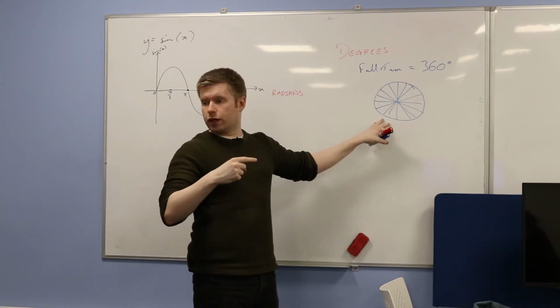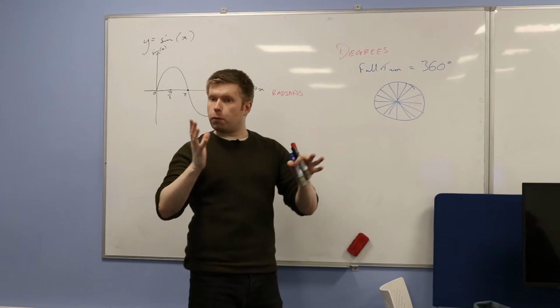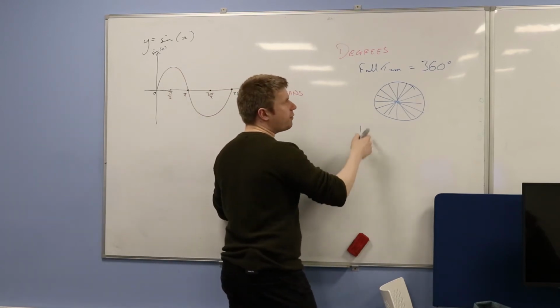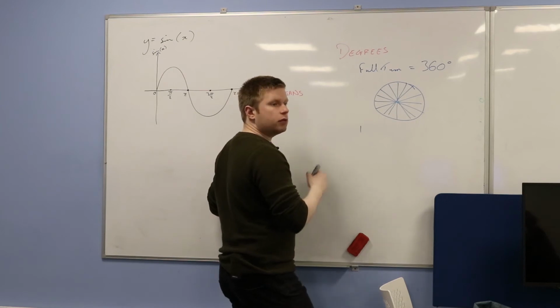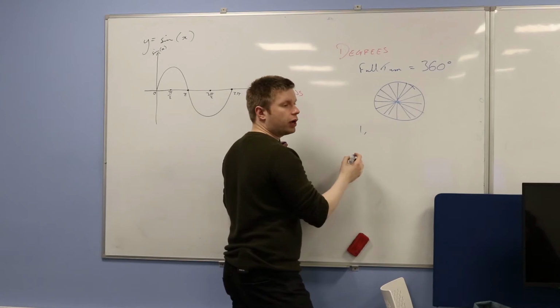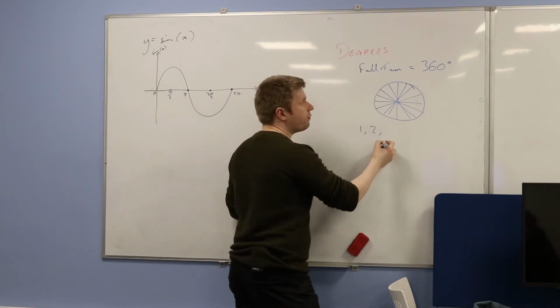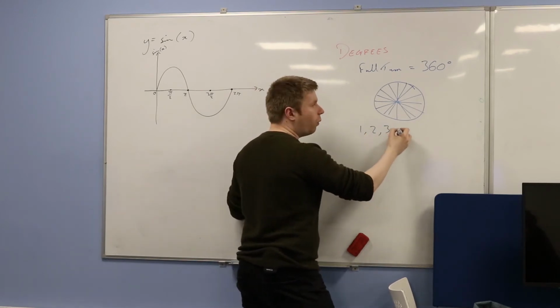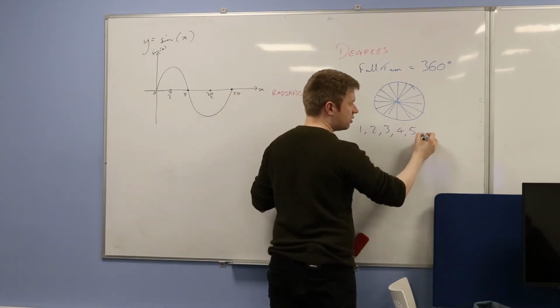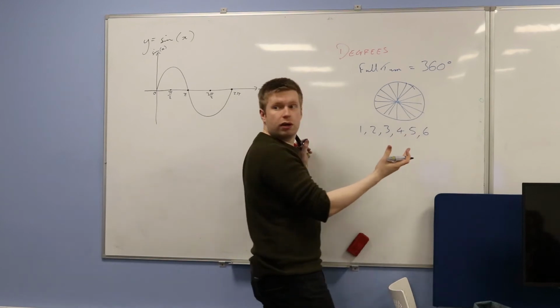There is also another reason. It's divisible by loads of numbers. Okay, so is 1 a factor of 360? Yes, it goes into 360. Is 2 a factor of 360? Is 3 a factor of 360? What about 4? 5? Yes. 6? Yeah, 6 times 60 is 360.